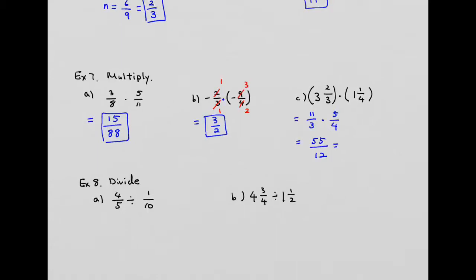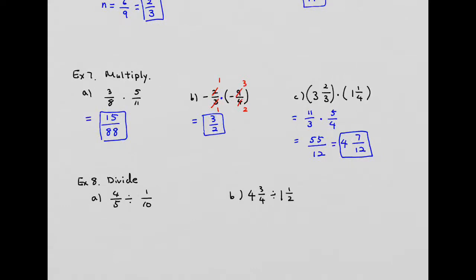So then 12 goes into 55 4 times, and 7 remains. Changing 55 over 12 into a mixed number will be 4, 7 over 12.